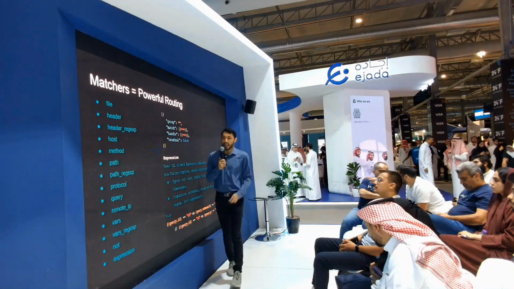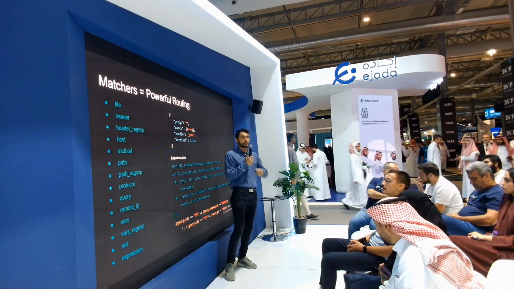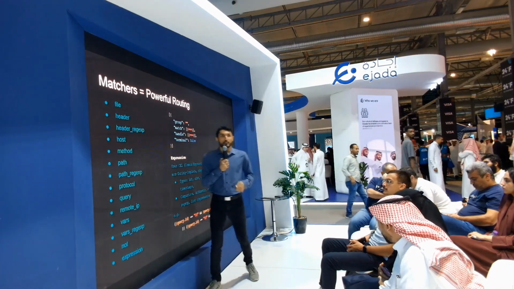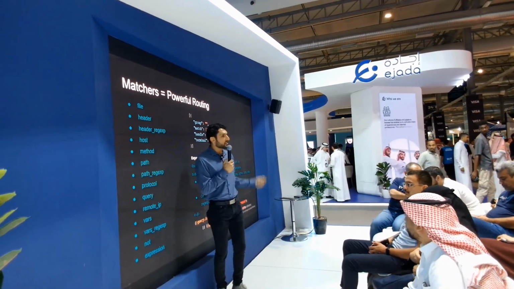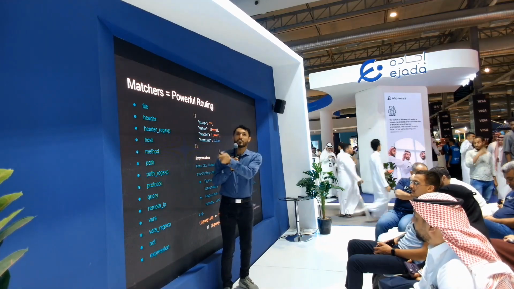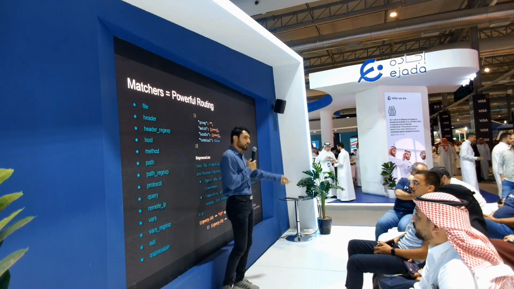You can use any of these and more to route your traffic to a particular handler of the HTTP request. If you wanted to check if there is a file that exists or not before handling the request, you can use the file matcher. You can check against a particular header's value or presence to route the traffic a certain way.